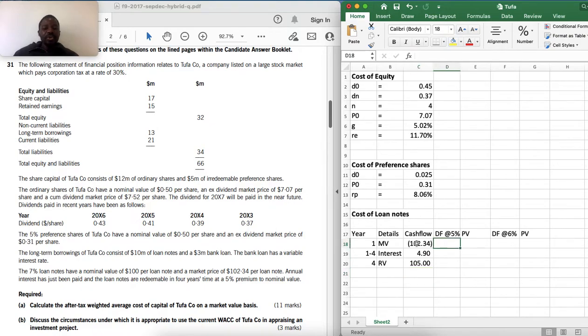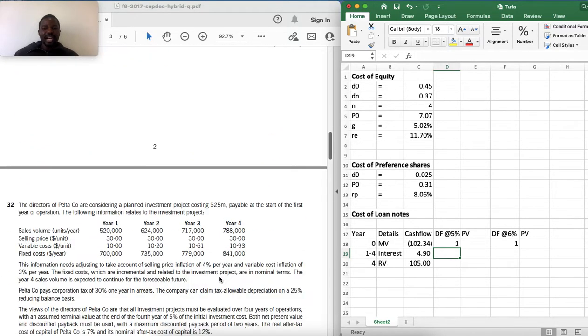Now we have to find the discount factors at 5%. In year, this is year 0, sorry. In year 0, the discount factor is always 1. Then in years 1 to 4, we'll get interest.